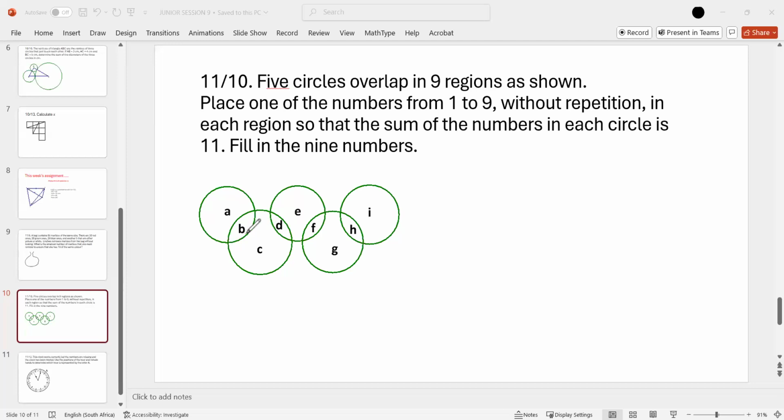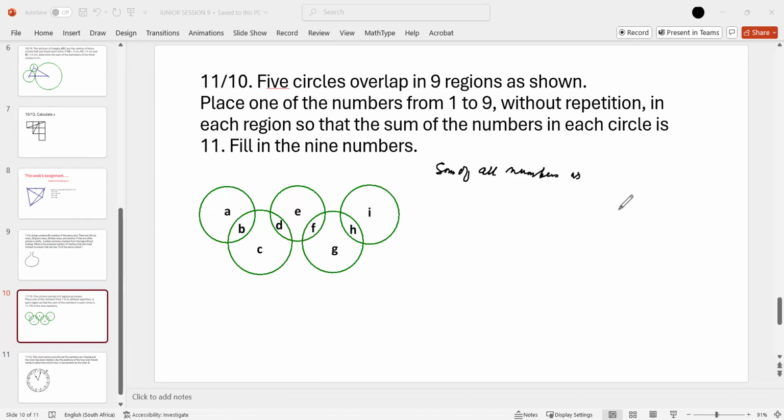Nothing is repeated. So we can use that first fact to say the sum of all the numbers, since none of them are repeated, and there are 9 numbers, by the way, yeah? 1, 2, 3, 4, 5, 6, 7, 8, 9. So the 9 numbers fill in those things.